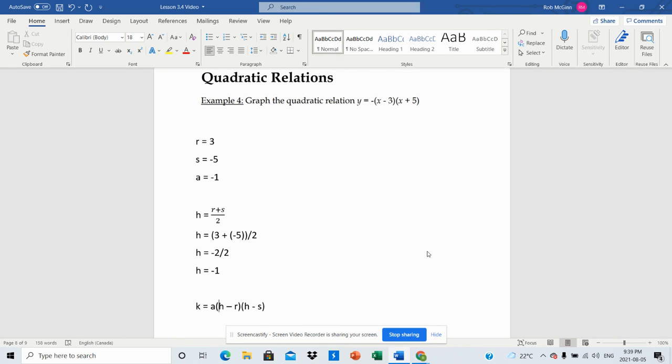Now all I need to do is find my k value. Once I have my k value, I can now do a rough sketch of the quadratic relation.